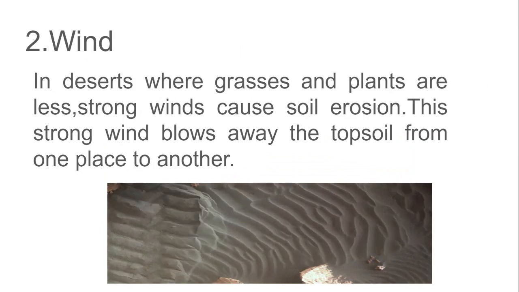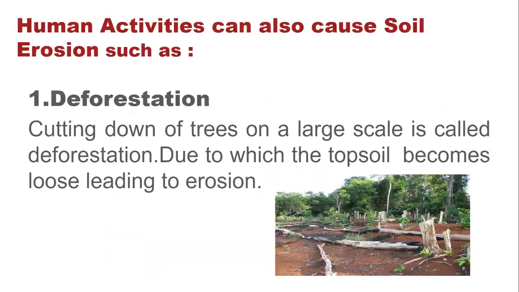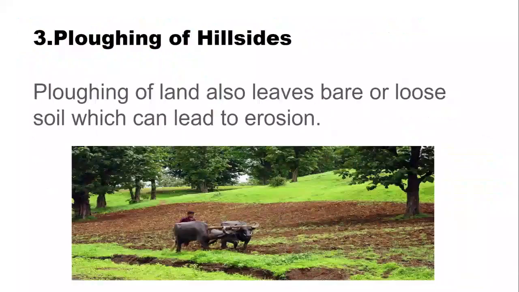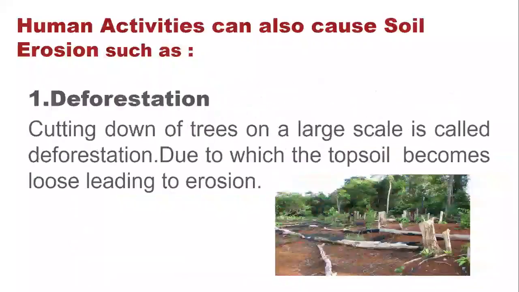Children, apart from the natural causes, human activities also lead to soil erosion, such as deforestation, overgrazing, and plowing of hillsides. Let us discuss in detail about each cause.